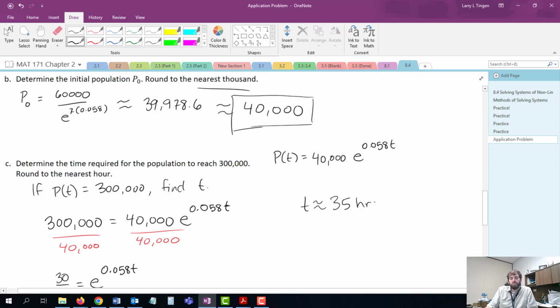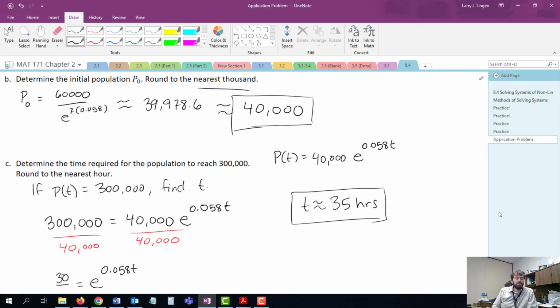The 2 points that we had said after 7 hours we had 60,000, and after 12 hours we had 80,000. So after 35 hours we have 300,000. Yeah, if it wasn't going to make sense, it would be something like after 35 hours you have less than 60,000 or less than 80,000. So if you got this wrong, it would have shown up pretty obviously right here. And that's chapter 8.